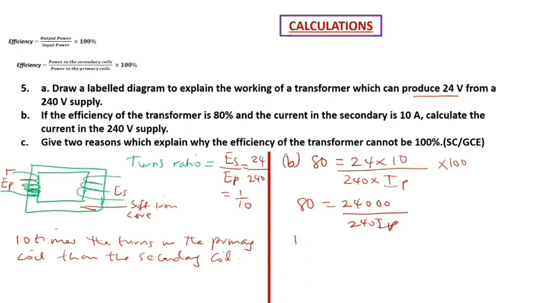So IP would be equal to 24000 divided by 240 times 80.